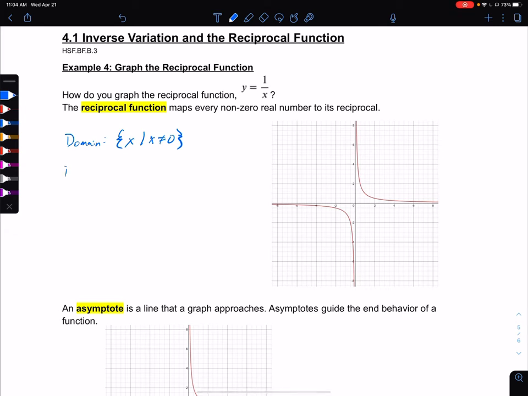Now, on that same line, when we look at the range, this we need to do a little more thinking. And we need to think, all right, what are some possibilities, or what would be impossible to happen for my y value?